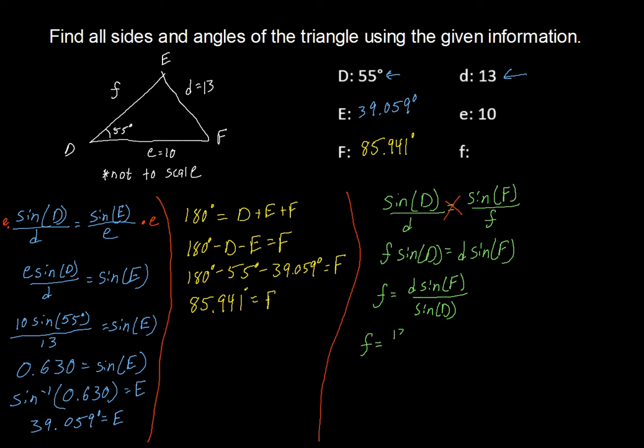Substitute on in 13 times the sine of, and again I'm going to use that big long number that the calculator spit out. I'm going to try and avoid using my rounded numbers if at all possible. Times the sine of 55 degrees. So punching it in, 13 times the sine of that big long number divided by the sine of 55 gives me a final answer that f is equal to 15.830.